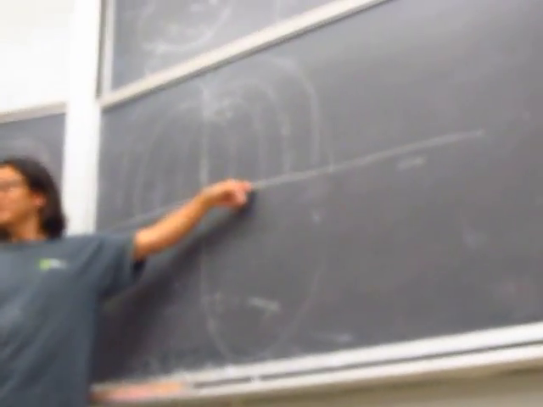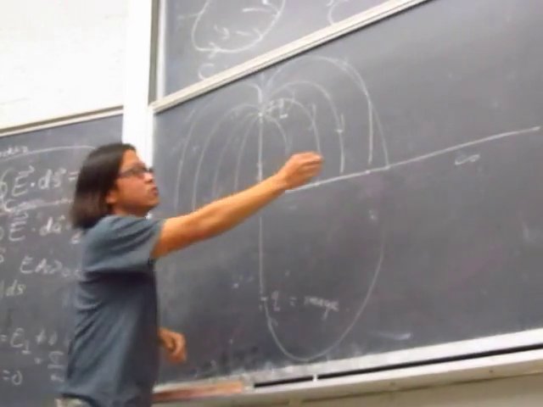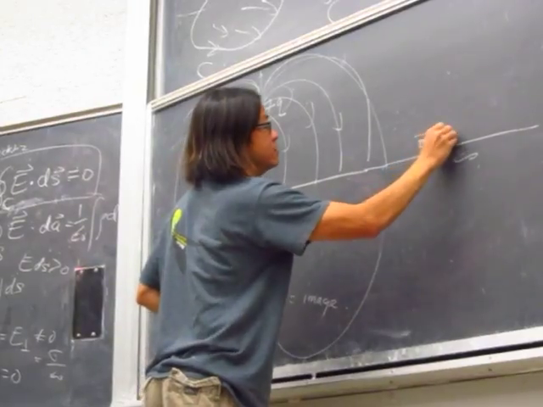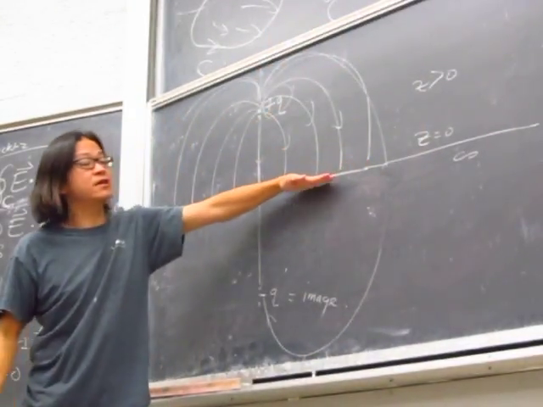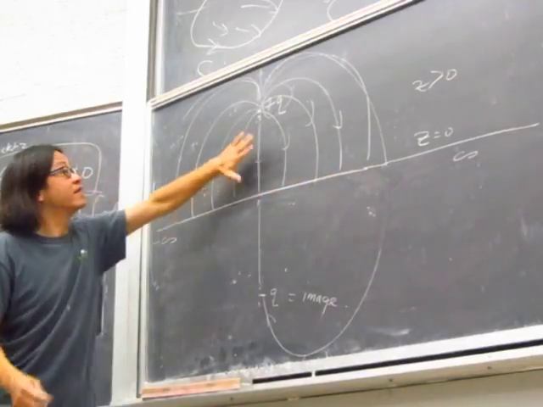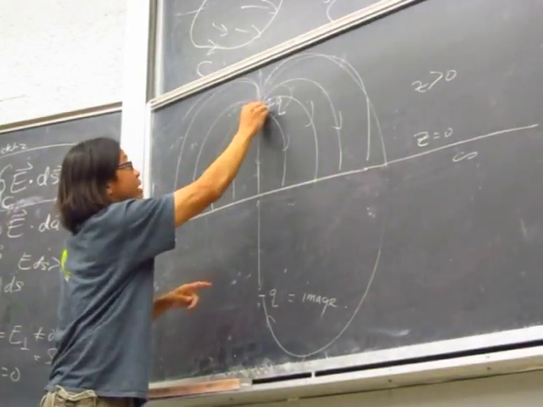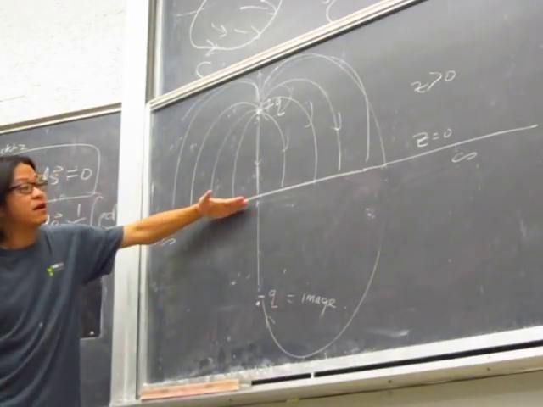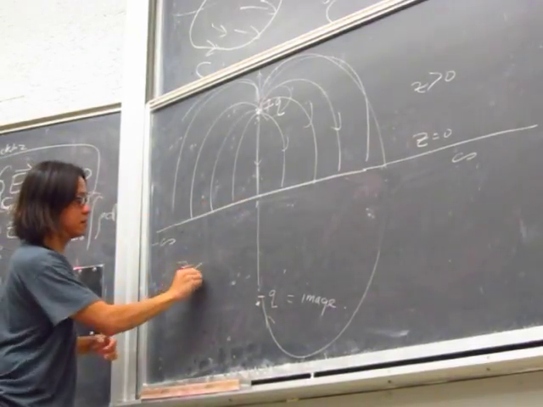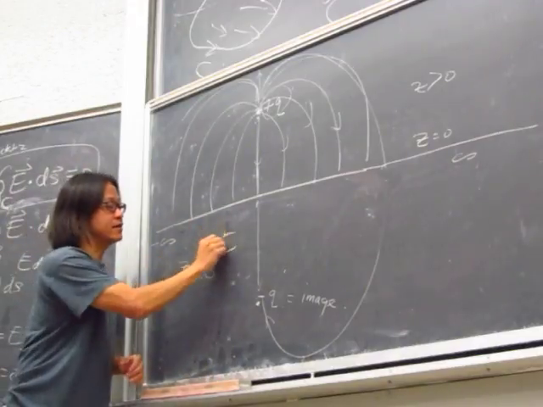So the solution above this, for C greater than 0, is the same solution as though you're having plus Q and minus Q here. Right? But the solution at C less than 0 is all identically 0.